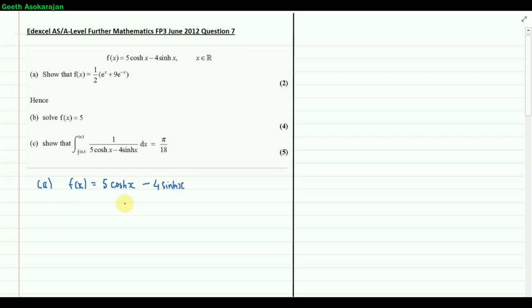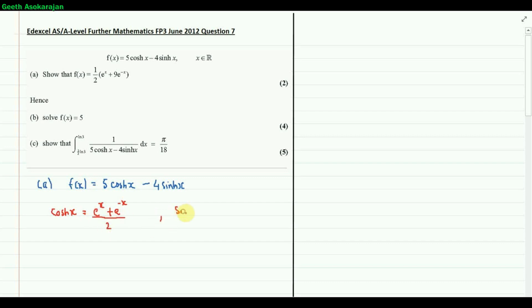Now I'm going to be using the definition of hyperbolic cos and hyperbolic sine in order to write my answer in terms of exponentials. So if I pick up a red pen, remember the definition of hyperbolic cos x: in terms of exponentials, it is e to the x plus e to the minus x divided by 2.